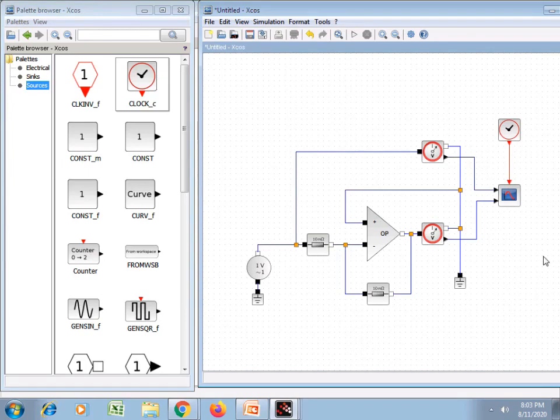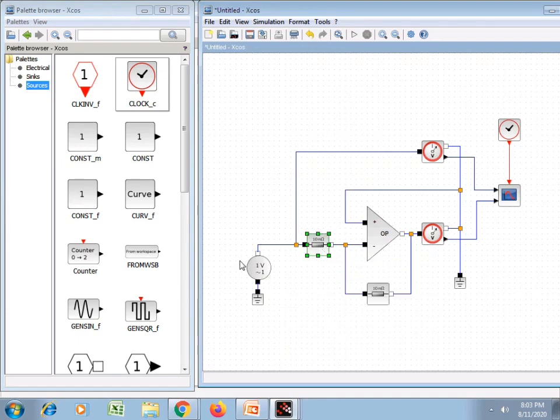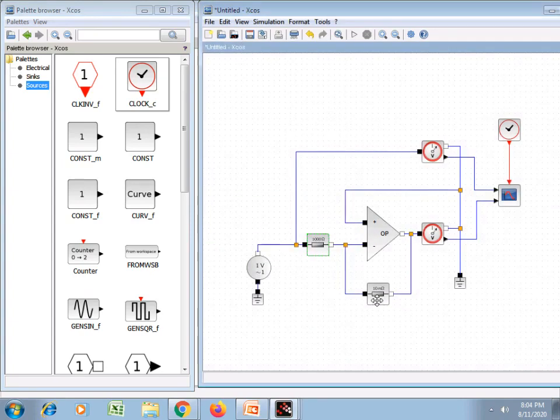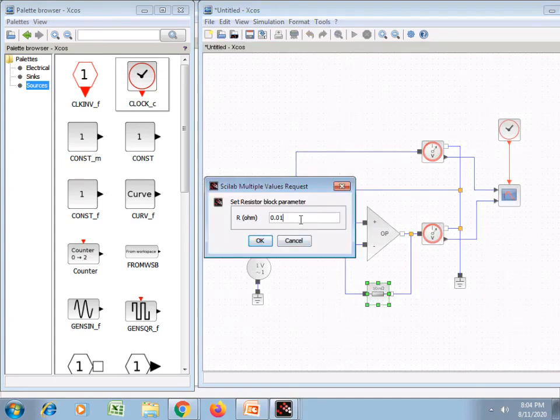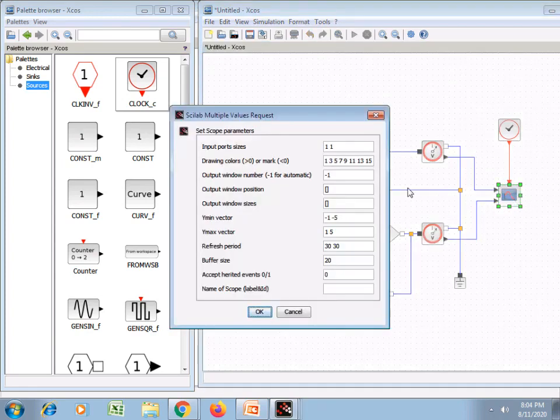Now I will set the parameters for the blocks. I will keep this 1 volt. I will set this value to 1000 ohm. This is also I keep 1000 ohm. Now these are the parameters of the scope.